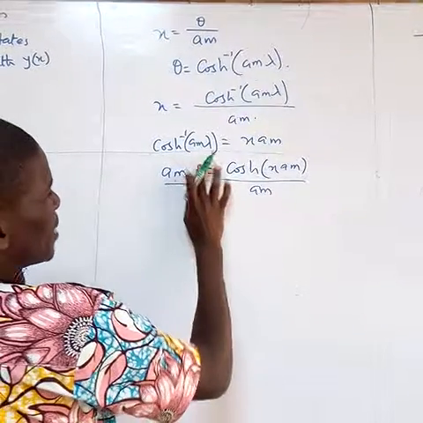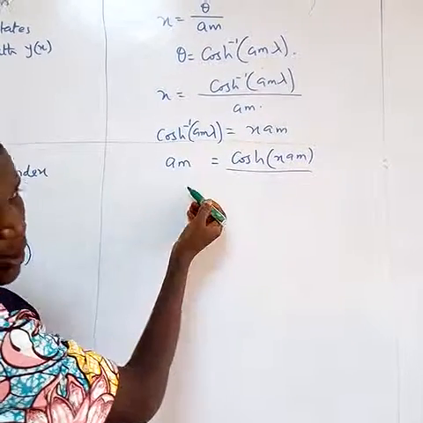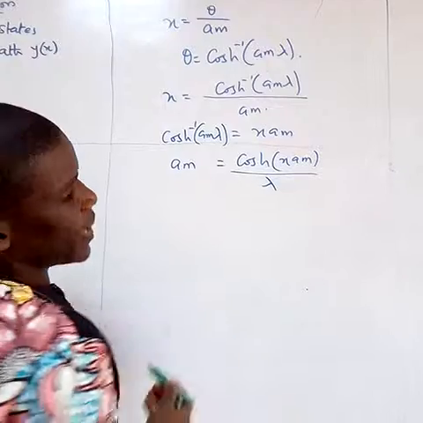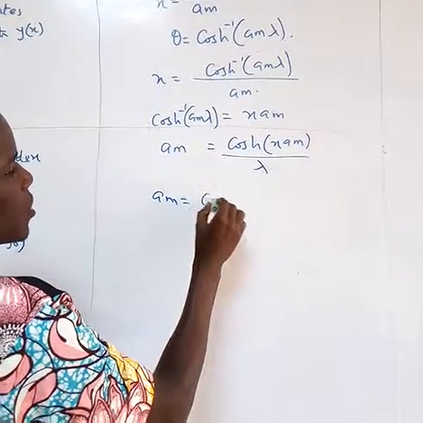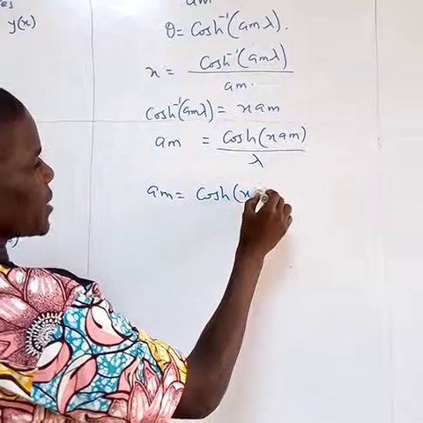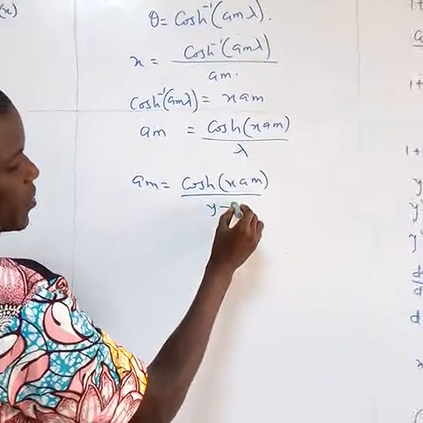We are dividing both sides by lambda this time around, because we have to get this constant out, we have to get its value. So this one is divided by lambda, so that our am is equal to cos xam over, what is our lambda? y minus y naught.